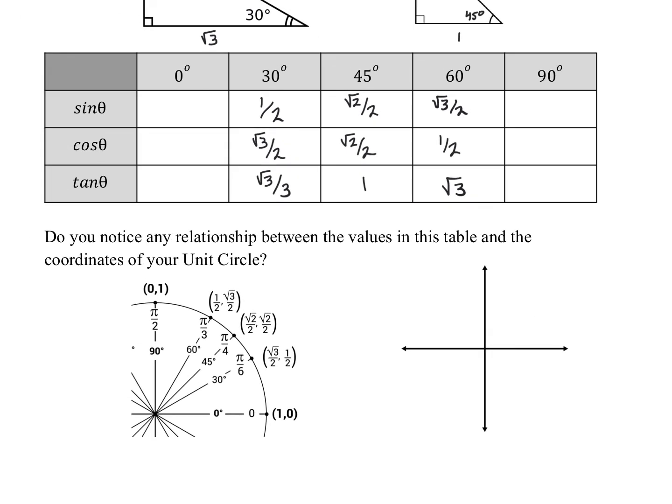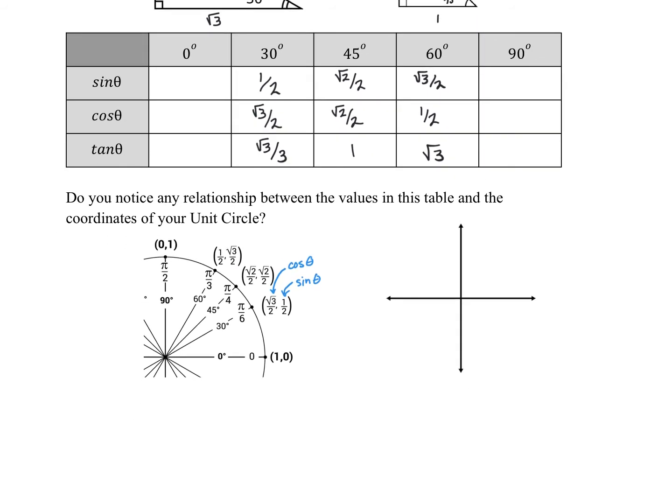This is how we can actually use our unit circle to help us evaluate. You might see this connection: the y value of our coordinate represents the sine of that angle, and the x value of our coordinate represents the cosine of that angle. So many people will sketch out at least quadrant 1 of their unit circle, and say, okay, the x value represents the cosine, the y value represents the sine of that angle, and if you want to find tangent, you can do sine over cosine, or the y value over the x value.